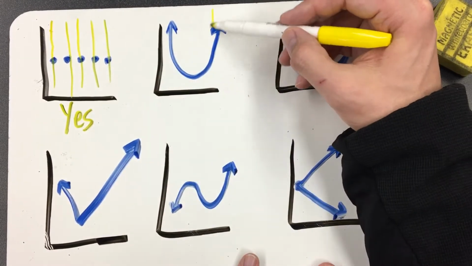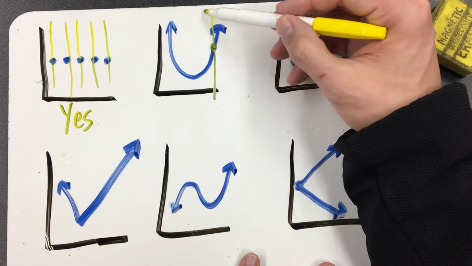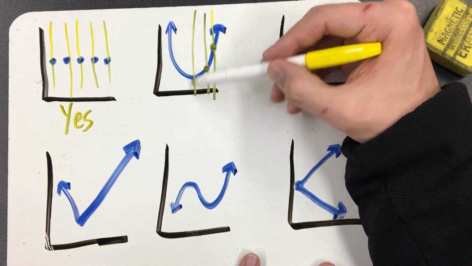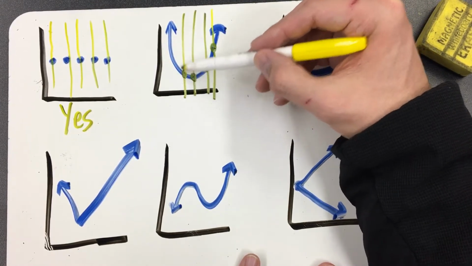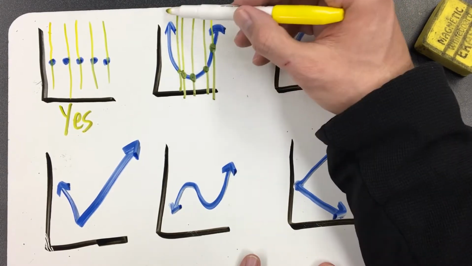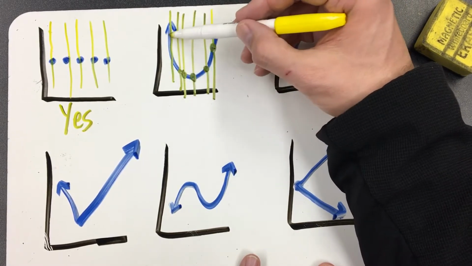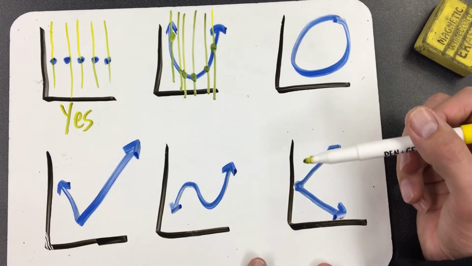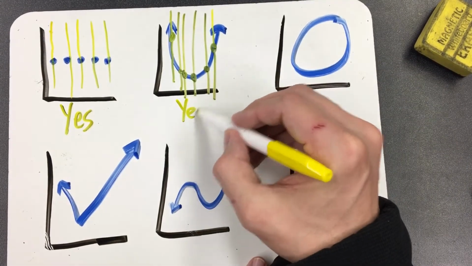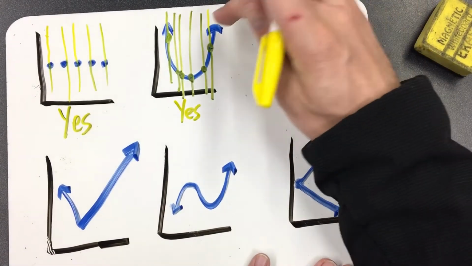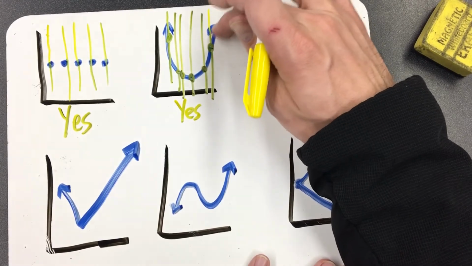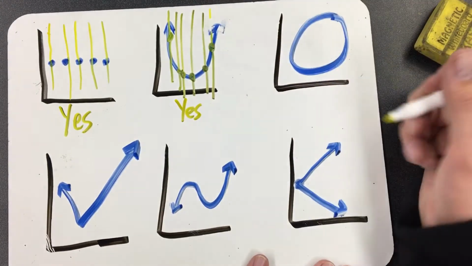This one is called a parabola. That vertical line touches it once, this one touches it once, this one touches it once. Can I ever find a spot where a vertical line touches it in more than one place? Even here, it basically only touches it one time. So this is okay. If I drew that perfectly, it shouldn't go straight up. It should gradually go to the side. I apologize if my graph didn't look very good.